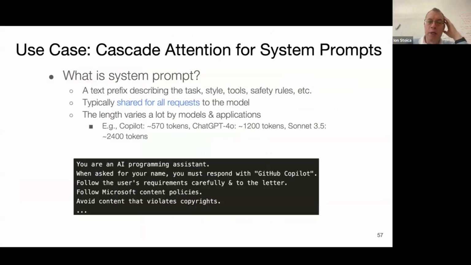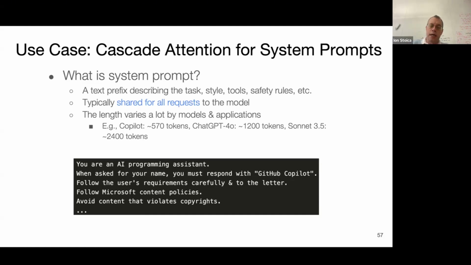One example where you can use this is cascade attention for system prompts. Again, the system prompts can be large. What cascade attention means is this: I talked about reusing prefixes for different requests. If they share a prefix, you are going to reuse it.